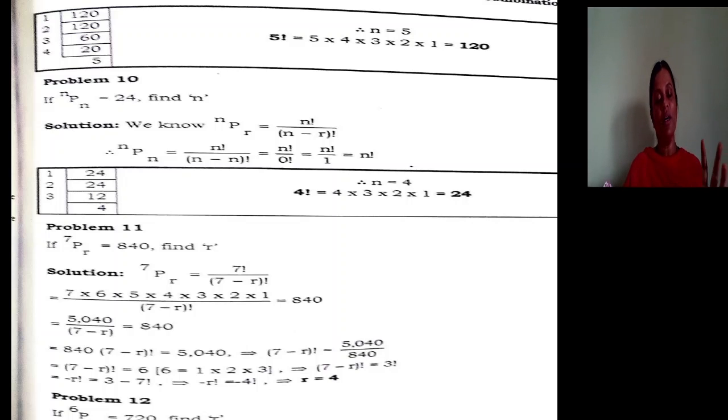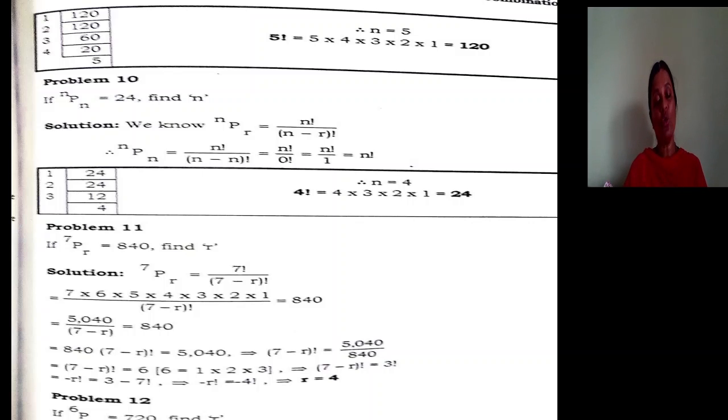So we have n, we do not have r, we have nPr, that is 840. When we simplify, we arrive at (7 minus r) factorial as 6. When you divide 6 by 1, 1 times 6 is 6. When you again divide that 6 by 2, 2 times 3 is 6. Again you cannot.